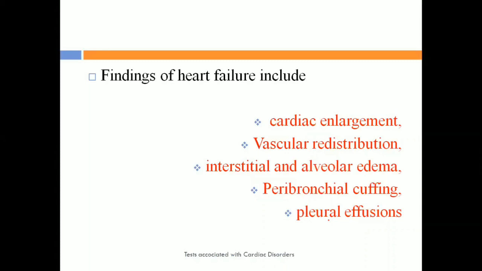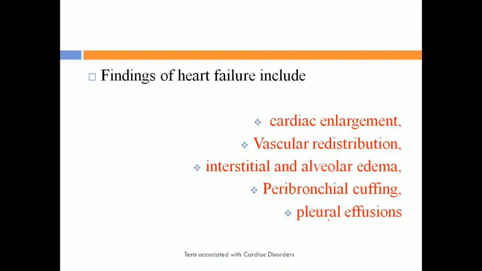If edema is present, you'll see it, and we'll discuss how to find edema in upcoming slides. Next, peribronchial cuffing and pleural effusion. With the help of chest X-ray, you'll see all these 5 characteristics, or more than these 5.